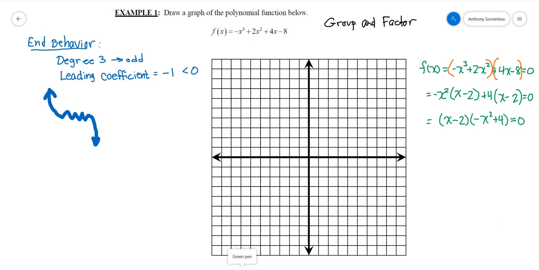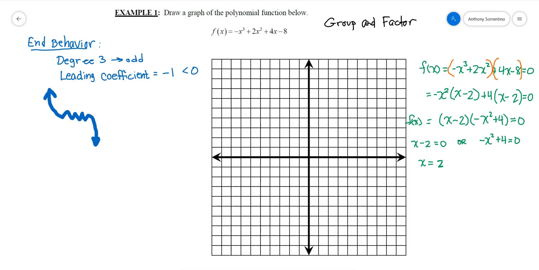So now I have this factored into quadratics and linears, and by the zero product property, either x minus 2 has to be 0, or negative x squared plus 4 has to equal 0. The x minus 2 equaling 0 is an easy one to solve. I add 2 to both sides, x is going to equal 2. So x equals 2 is a 0 of this polynomial.